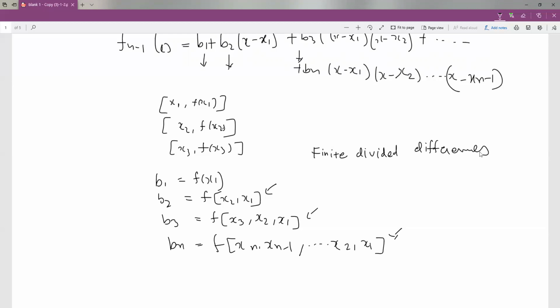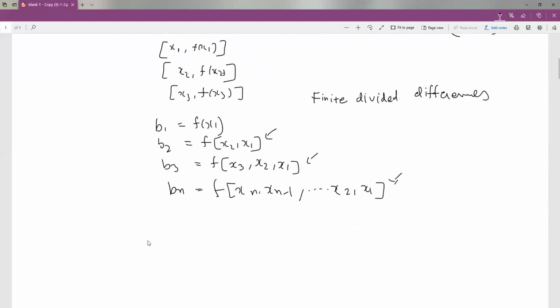Newton's finite divided difference. We have seen the linear and quadratic case where we have obtained the values. Just for the sake of repetition, I am writing this. This was the value for b1, of course, f of x1. Then the second was f of x2 minus f of x1 divided by x2 minus x1.